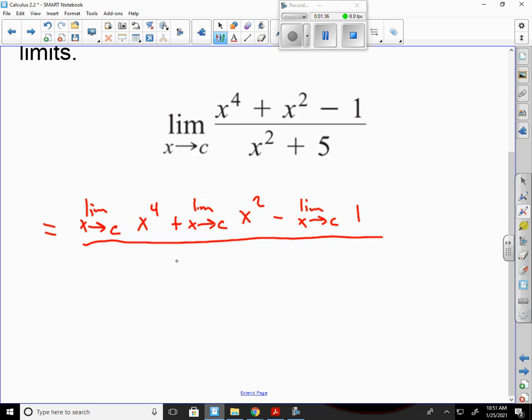And then the same with the bottom. I'm doing the limit as x approaches c of x squared, and then the limit as x approaches c of 5.